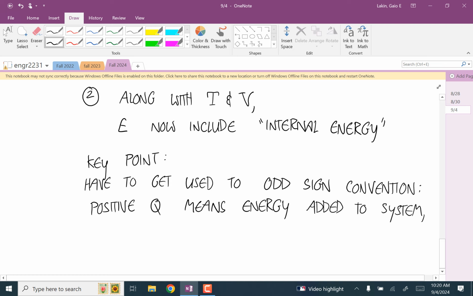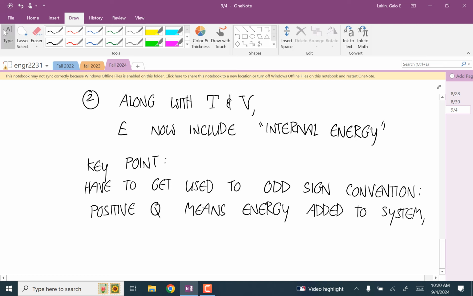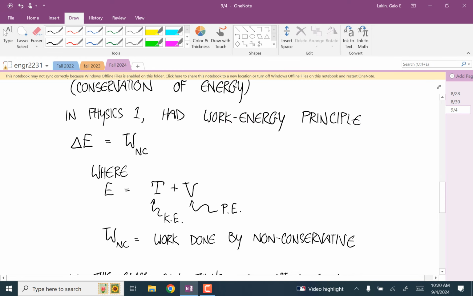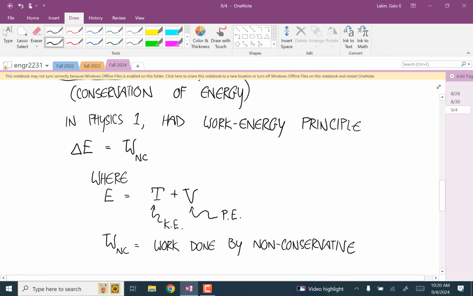That Q is heat, so that goes over on the other side of this equation. So Q and W are ways that energy changes, and over on the left side deals with the energy itself.